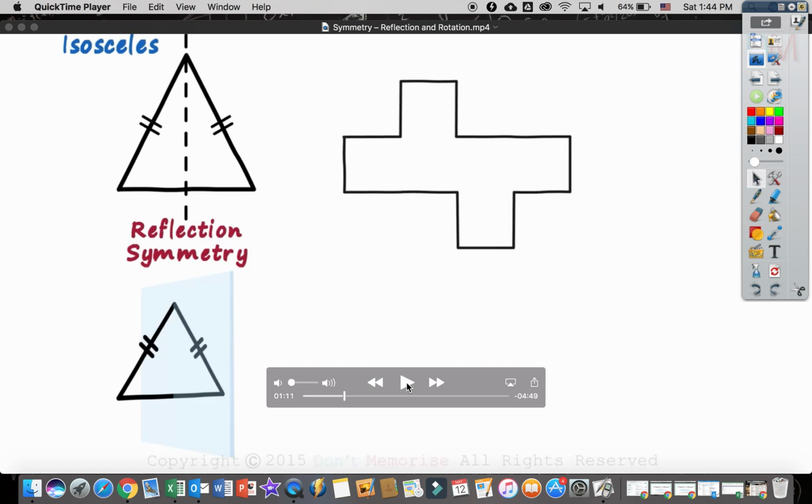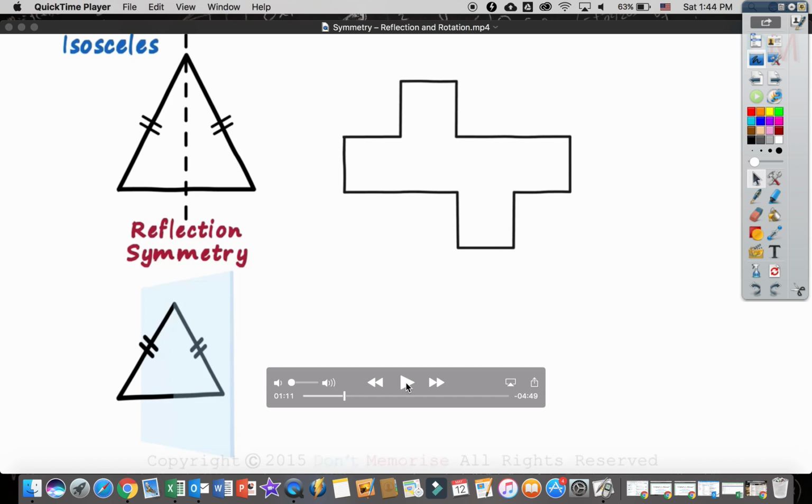There are some figures that have reflection symmetry, which means they have a line of symmetry, at least one. But some figures have no reflection symmetry, meaning they have no line of symmetry, but they have rotational symmetry.